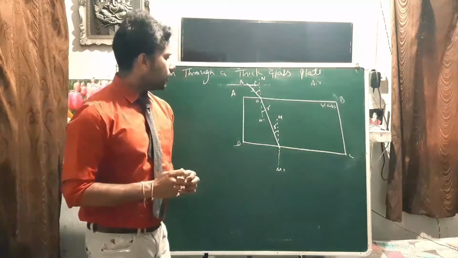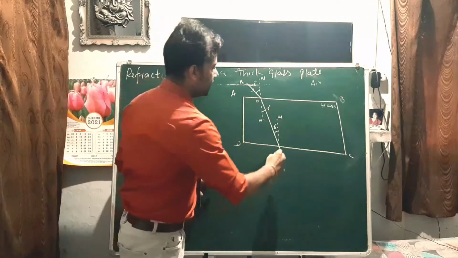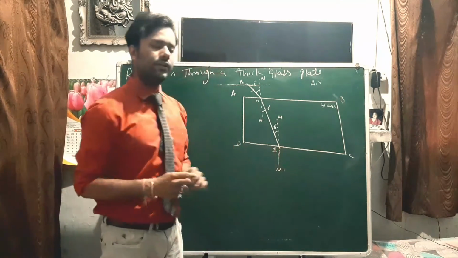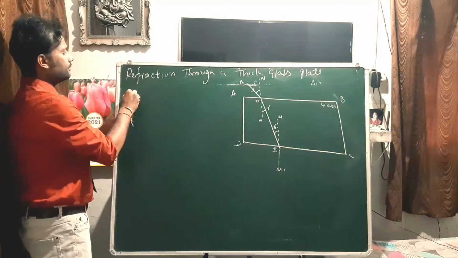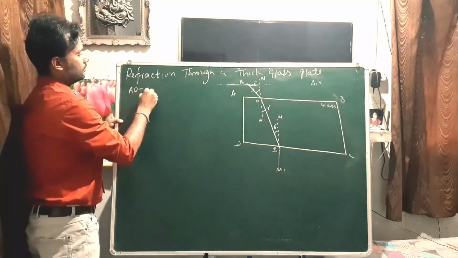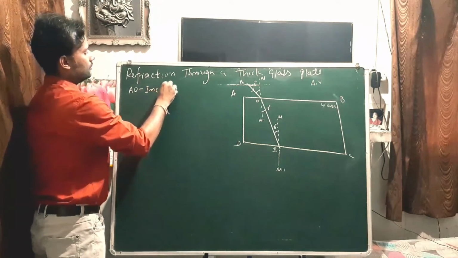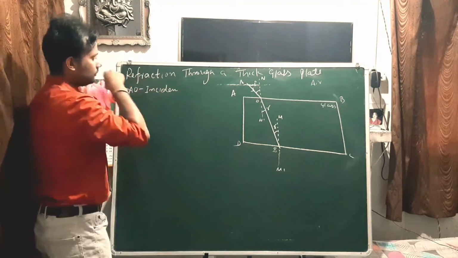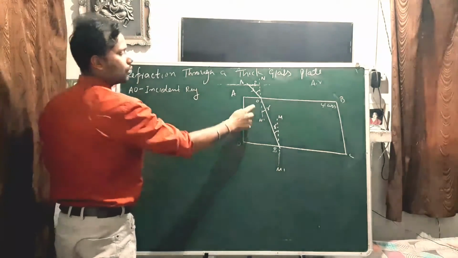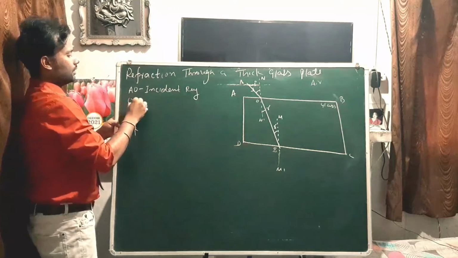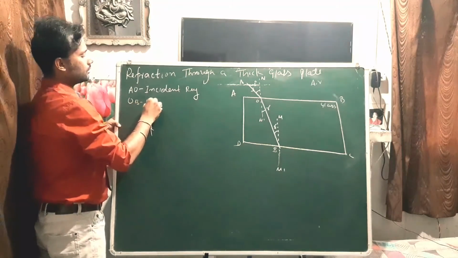Now this OB is the refracted ray. I am writing here AO is the incident ray. OB is the refracted ray.